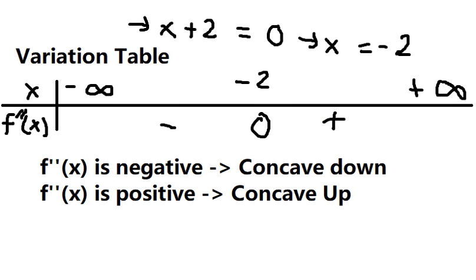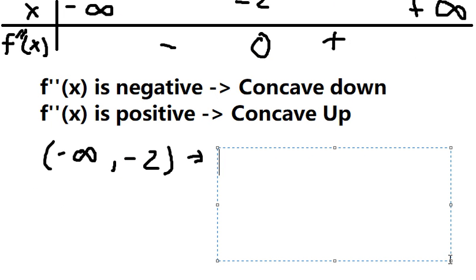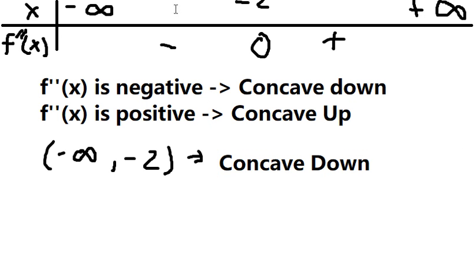So we apply the formula in here. This one is negative, so that's concave down. And the last one, that's concave up.